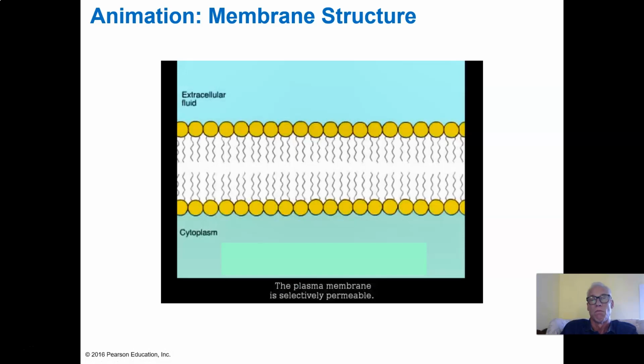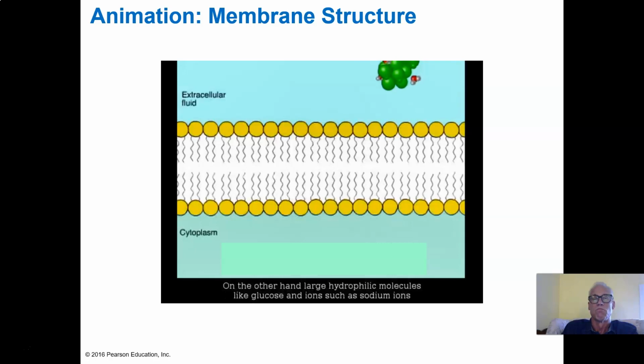The plasma membrane is selectively permeable. It lets some substances through and not others. The hydrophobic interior of the bilayer is one reason membranes are selectively permeable. Hydrophobic molecules, those that are soluble in lipids, can easily pass through the membrane. In addition, small molecules like O2 can sneak between the phospholipids of the membrane.